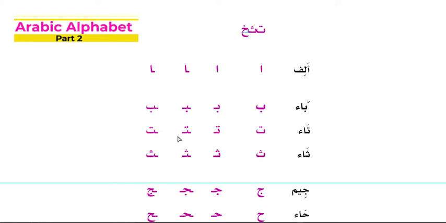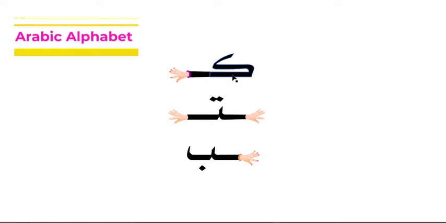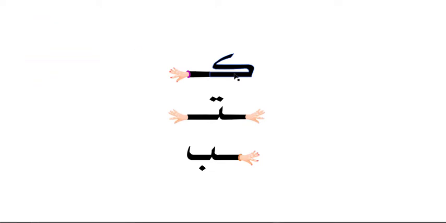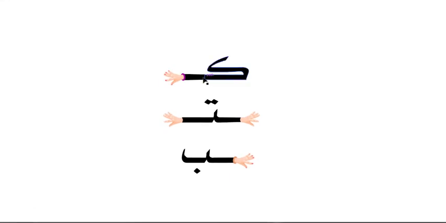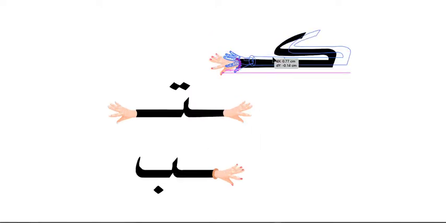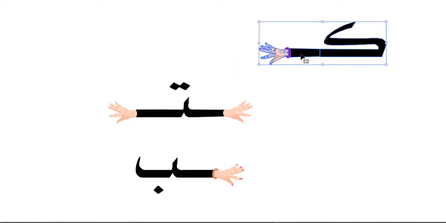Okay, so let me explain that in another way. Let's say that all the letters have hands, and when we want to shape a word, these hands just shake. So let's try now to write a word in Arabic.